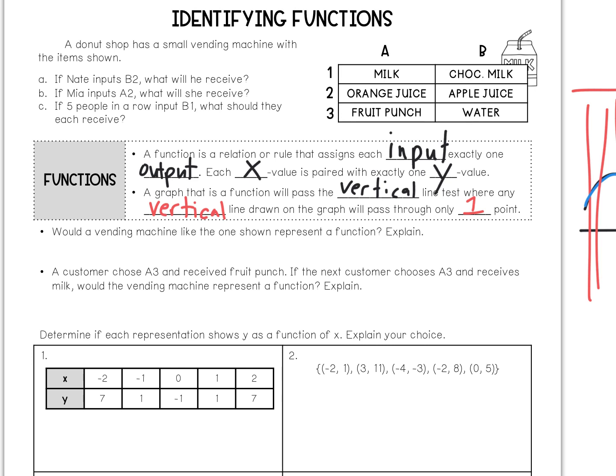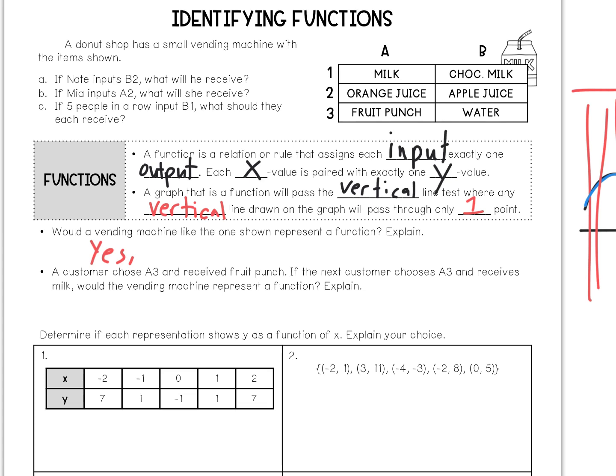Okay. So is the vending machine up there a function? Wait, what is a function? A function is a relation that has one output for each input. Yes, it is a function. Why? Because A1, B1, 2A, 2B, 3A each have one output. A1 is just milk.